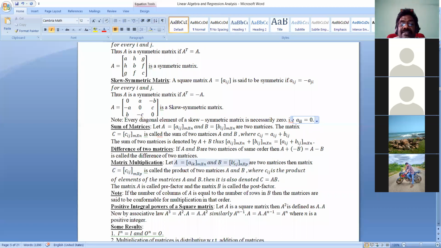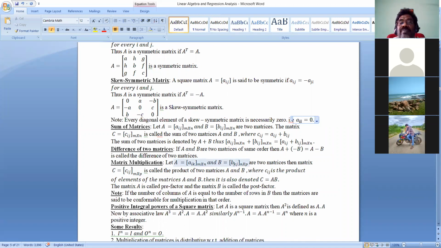Otherwise, if the multiplication BA also exists, then these two matrices must be square matrices of the same order. Then only AB and BA exist.